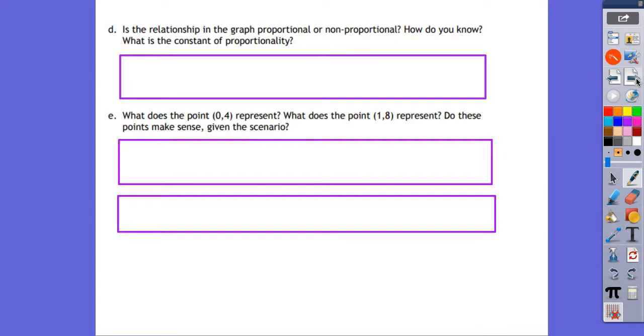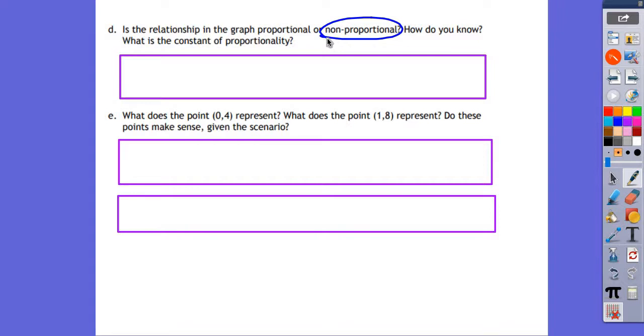D says, is the relationship of the graph proportional or non-proportional? How do you know? What is the constant of proportionality? So first question, proportional or non-proportional? Non-proportional. How do you know? It does not go through the origin. What is its constant of proportionality? Trick question.